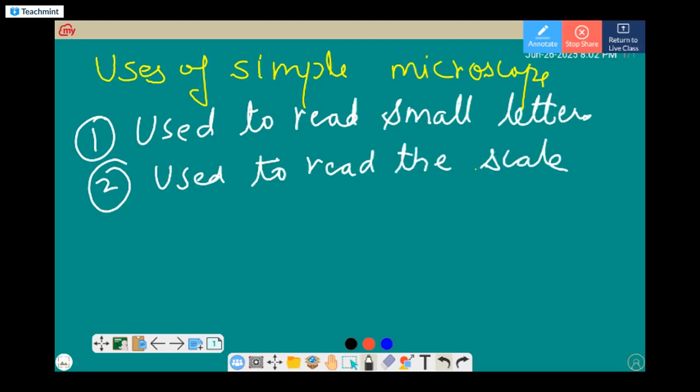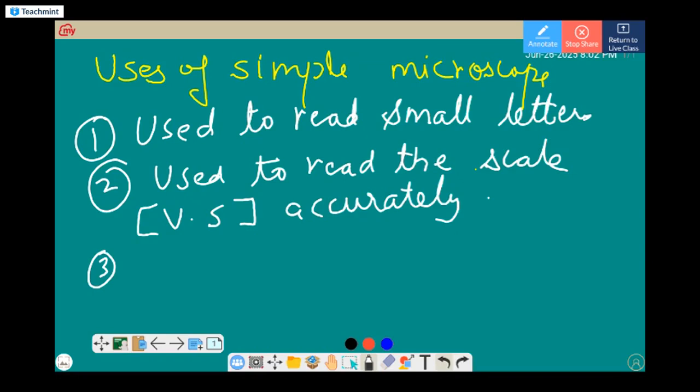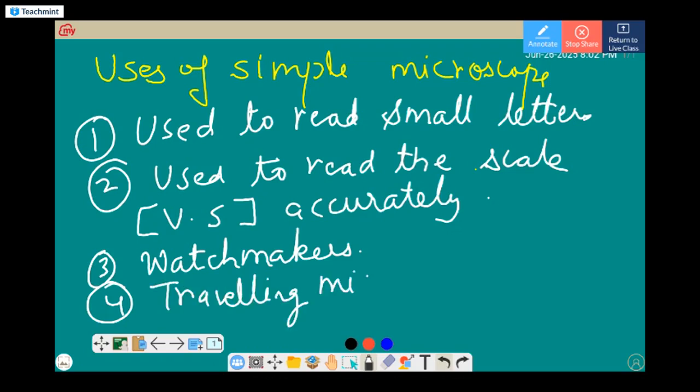Now the scale is the vernier scale particularly. I'm just writing V.S. V.S. means vernier scale. Used by watchmakers who want to see all those tiny screws. Also used in traveling microscope. It's also used in spectrometer.